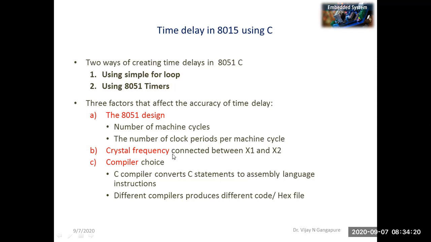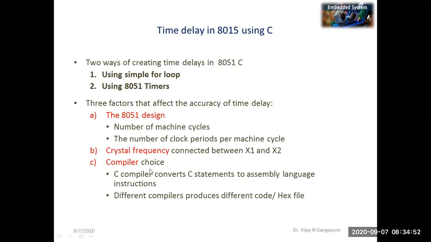If the frequency of the crystal varies, obviously the time required to execute an instruction also varies, because there are a fixed number of clock periods per machine cycle, and if the clock period varies, the time period of the machine cycle varies, and the time required by the instruction to execute also varies. In this way, crystal frequency also affects the accuracy of time delay.